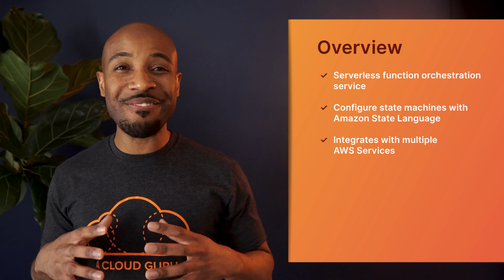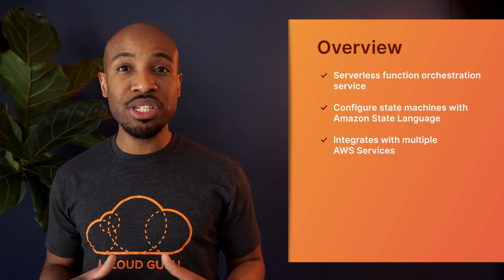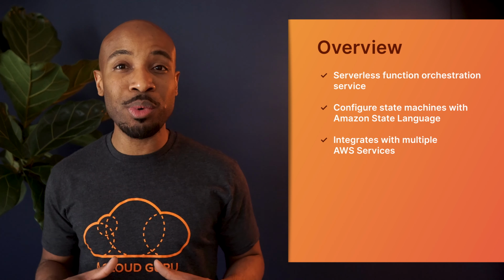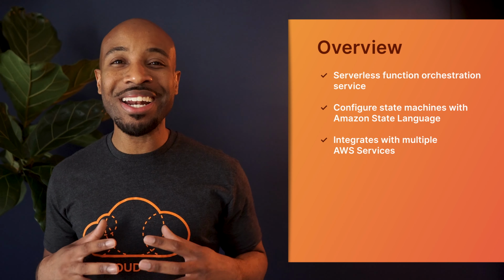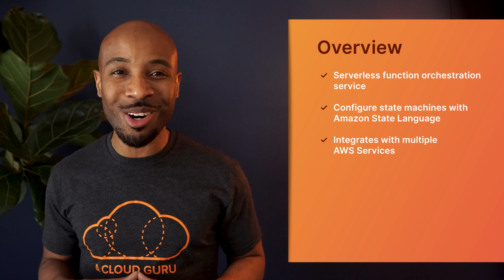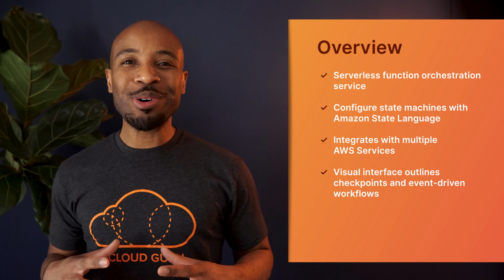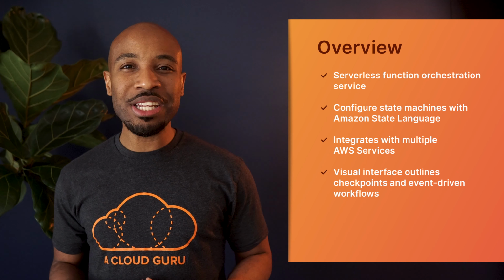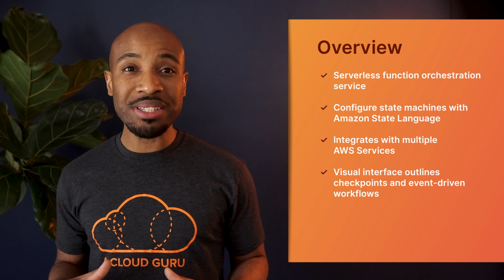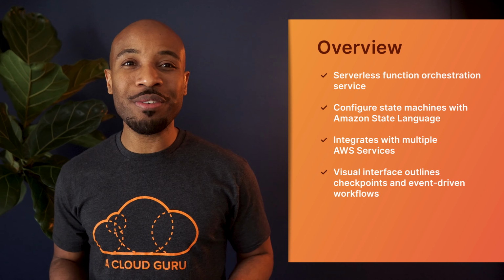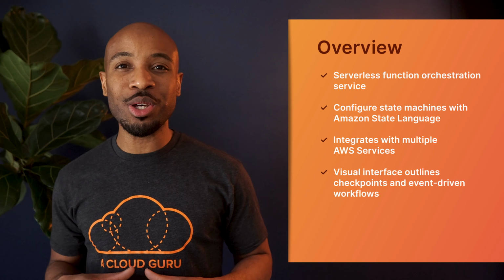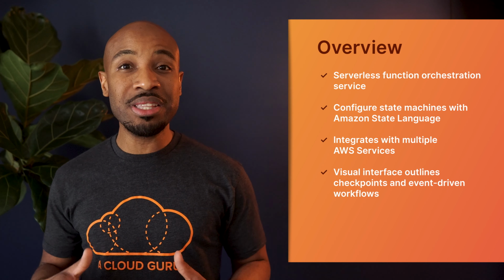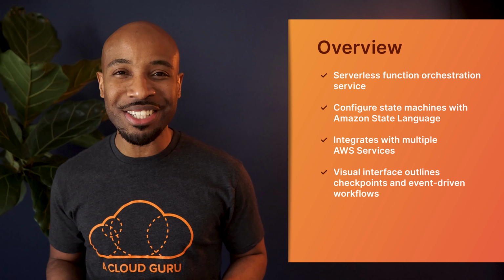Step Functions makes it fast and easy to introduce these services to your state machine by providing Amazon States Language code snippets, which will help you reduce your development time and get your microservice off the ground in no time. Step Functions provides a great visual interface which outlines checkpoints as well as event-driven workflow within the application. This makes monitoring and troubleshooting the workflow easy since you can see the progress of each step of the application.